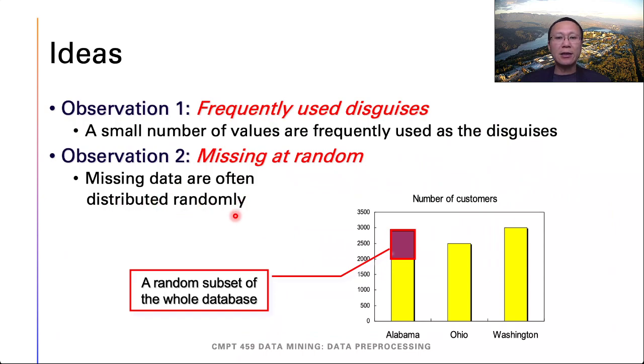So the idea here is that we try to identify a random subset of the whole database that uses this disguised value. If for one attribute, I can identify a subset of this attribute whose distribution is uniform, similar to the whole data set, then likely this attribute value is used as a disguise.